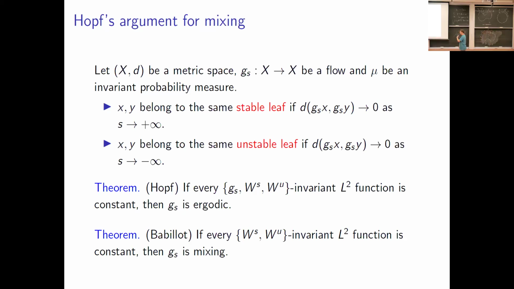If you can show that any function which is constant along the leaves of both of those foliations is constant, then you have mixing. So this is a very beautiful result. And if you want to read the proof, there is a paper by Yves Coudène. It's only 4 pages long.